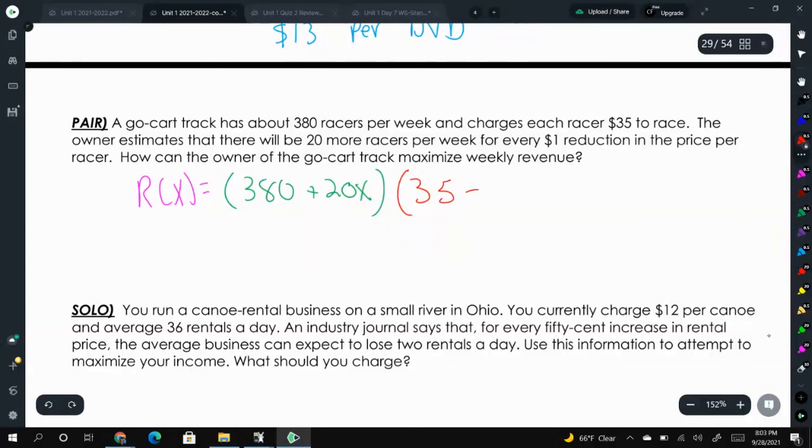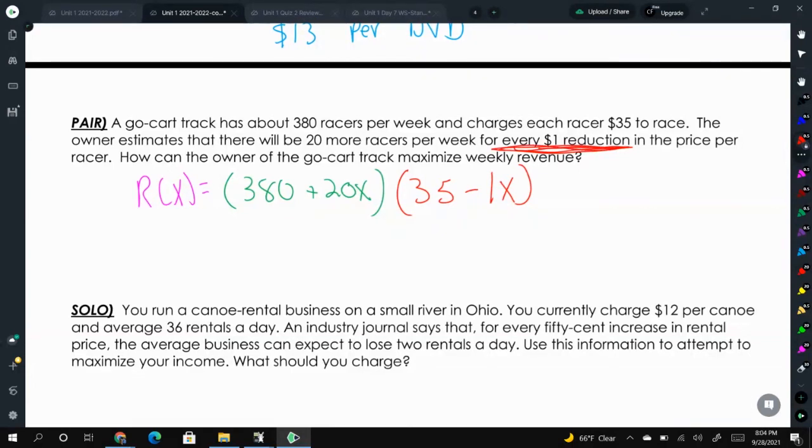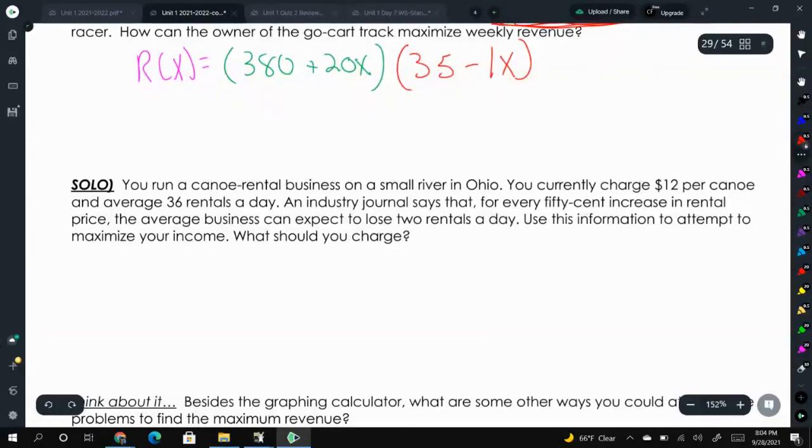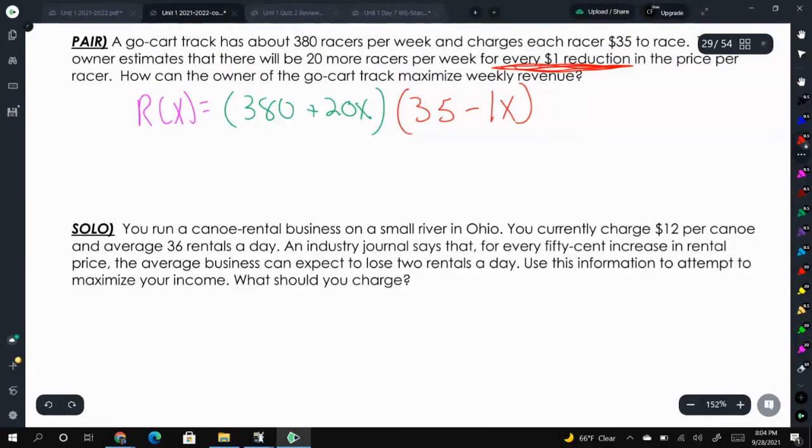So it's $35 minus 1x, because every time we lose $1, 20 more riders will be added to the number of sales. So that's why it's 35 minus 1x. It's $1 reduction. So now go ahead and graph this in your calculator and find the maximum. And then also do this problem too. And once you're done with that, unpause the video and check what you get.